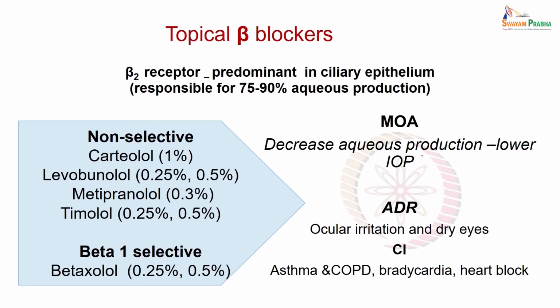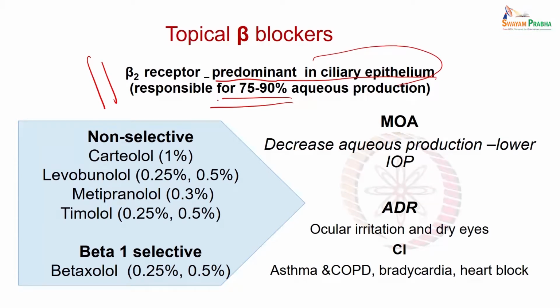The beta blocking agents which are used in glaucoma are those which can be given by topical application, direct instillation into the eye, because the beta 2 receptor is predominant in the ciliary epithelium which secretes aqueous humor, and the ciliary epithelium is responsible for 75 to 90% of aqueous production.